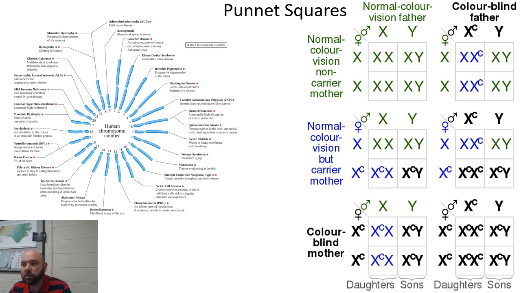So the example here is for color blindness, and because of the way color blindness works, a man can either be colorblind or not. A woman can be a non-carrier or a carrier or colorblind, and in both cases of the carrier and non-carrier, the mother has normal vision. They can have the recessive trait and still have normal vision. Men, like I said, if they have any instance of it, they're colorblind.